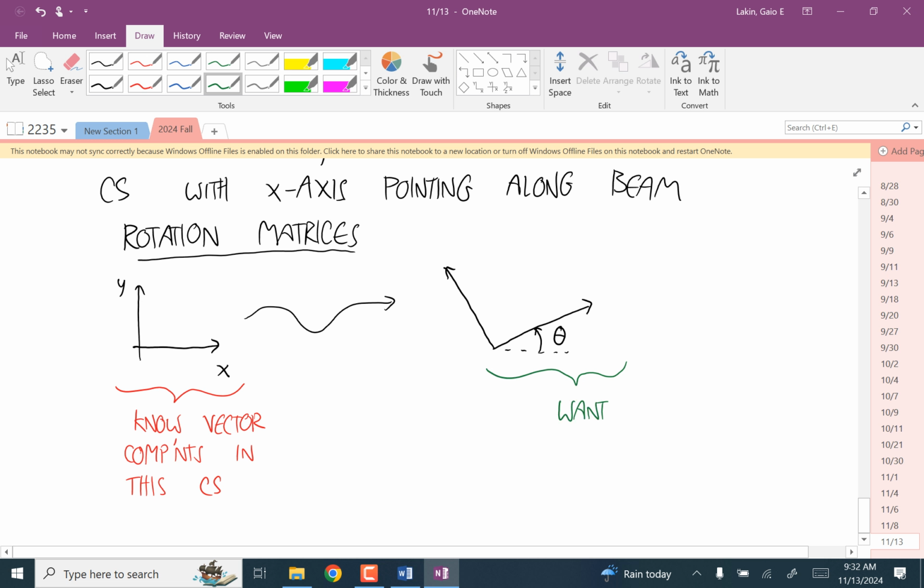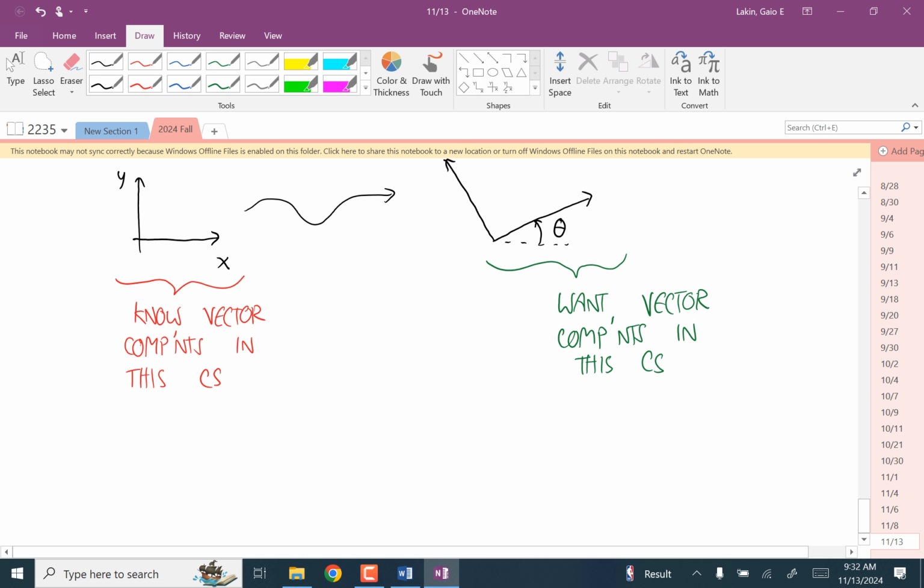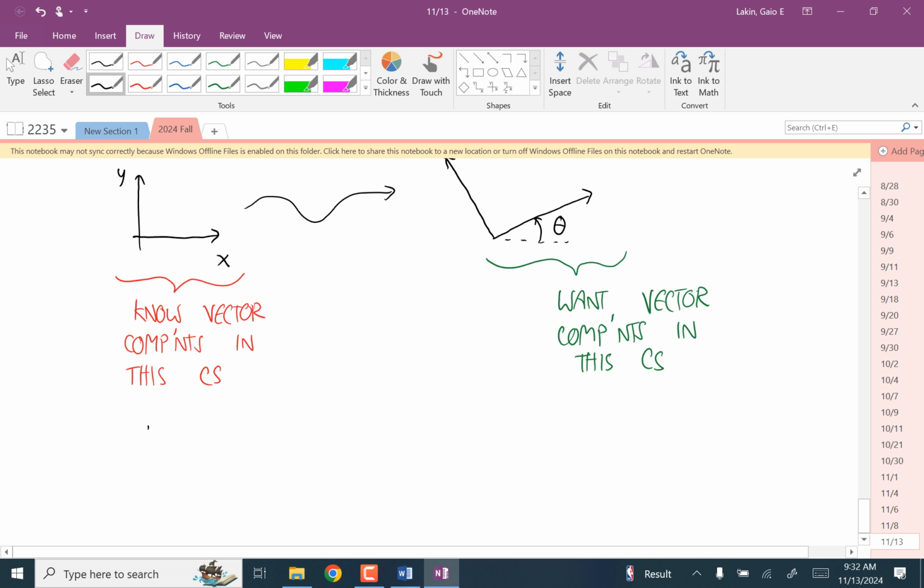And you want your vector components in this coordinate system. Then your rotation matrix, capital Q, is cosine of theta, sine of theta, negative sine of theta, cosine of theta.